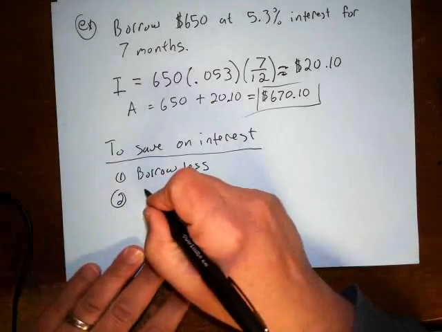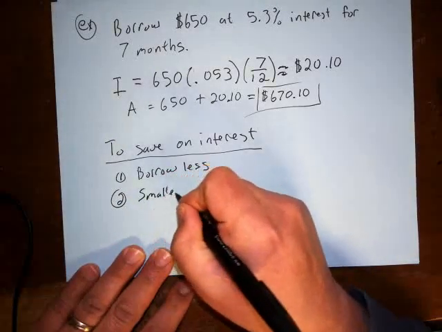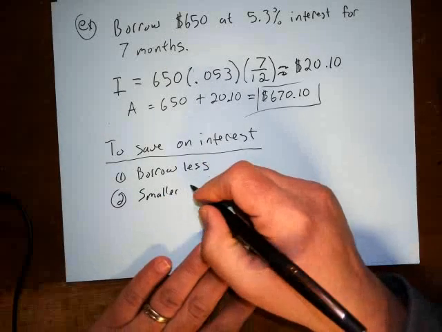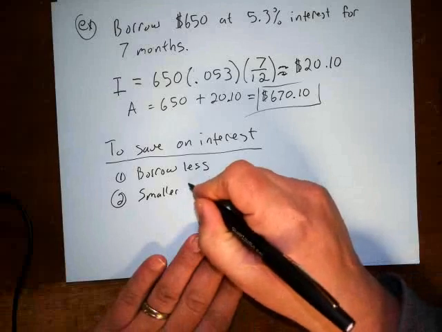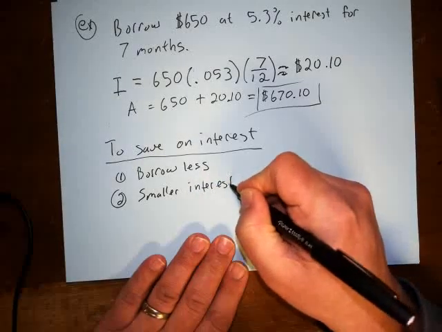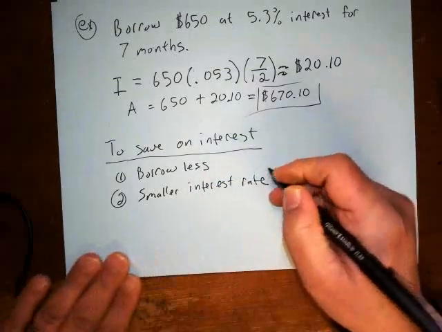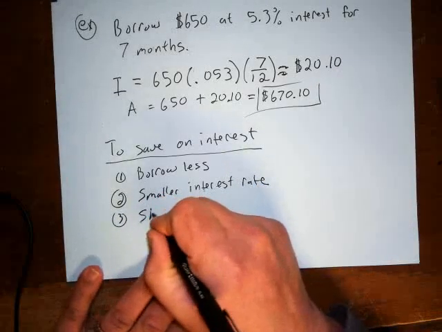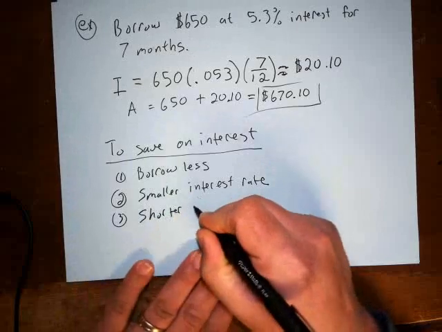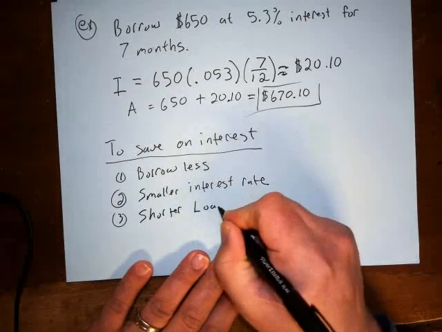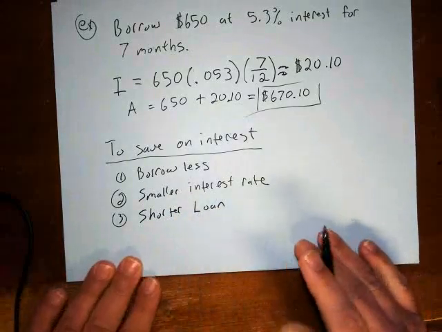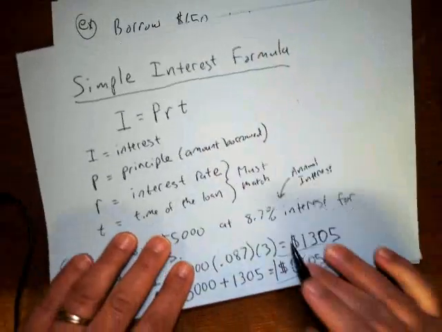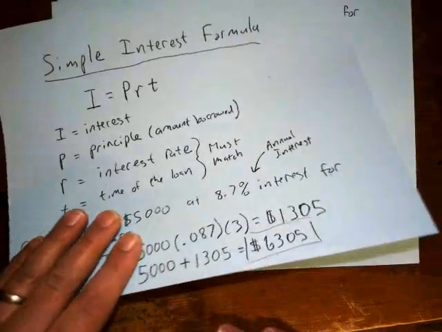The other thing is a smaller interest rate, of course. Then the percentage isn't as much. It's a smaller percentage. So a smaller interest rate is better. And then the third thing is a shorter loan. Don't borrow it for as long. And all 3 of these make a big difference, the difference between like $20 and over $1,000, right?